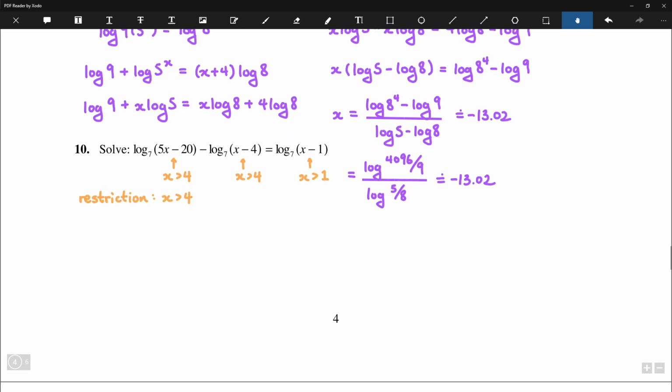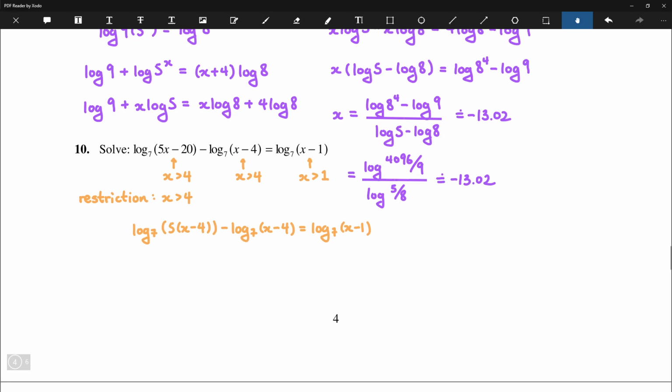Okay. So once we have stated the restriction, we can begin by factoring the 5 from the first set of parentheses. So this would be 5 and then x minus 4. And then minus log base 7 of x minus 4. And then on the right-hand side, we have log base 7 of x minus 1.